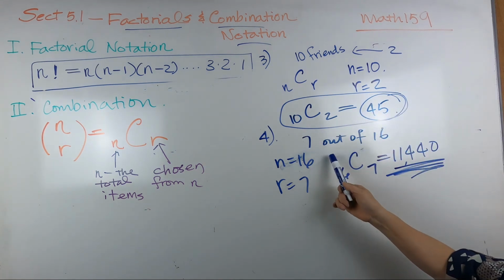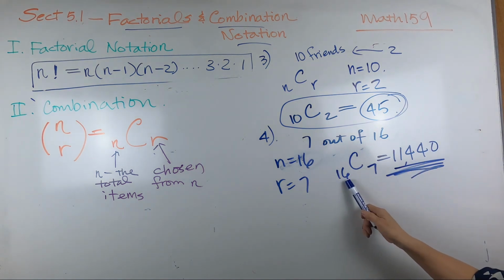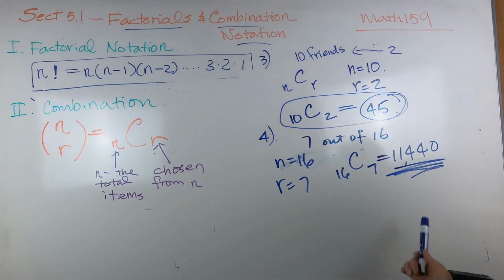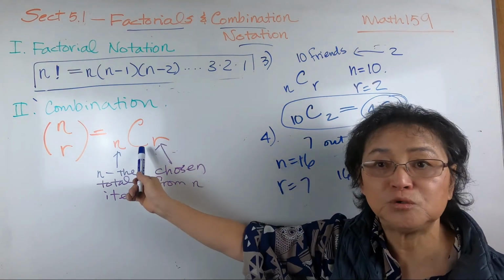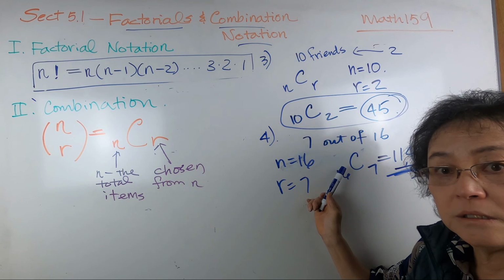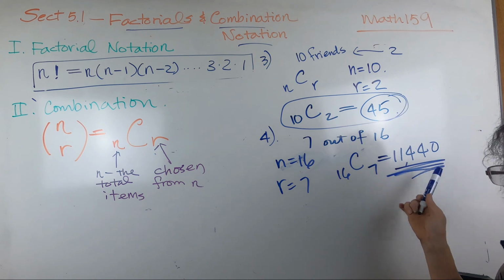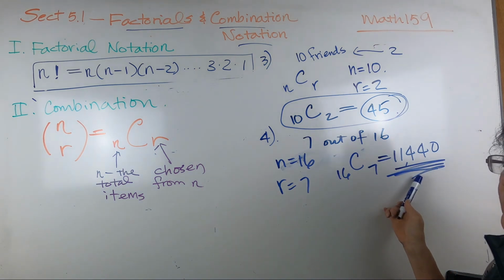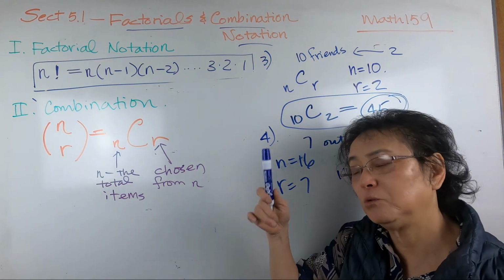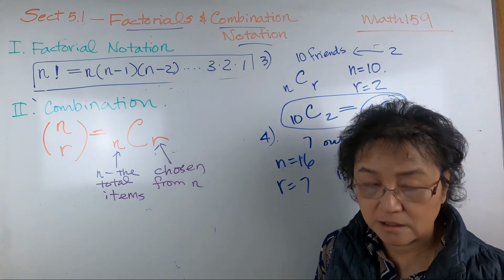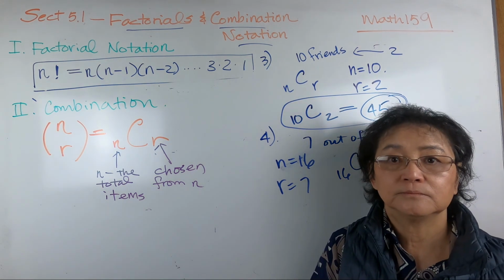If you do the fruit platters, then 7 out of 16, you would do what? 16C7, and that's your total options. So we are learning 2 new symbols and one formula to use to find the options you might have. Okay? So you need to practice your homework before it will sink in. So that will cover your section 5.1. Okay?